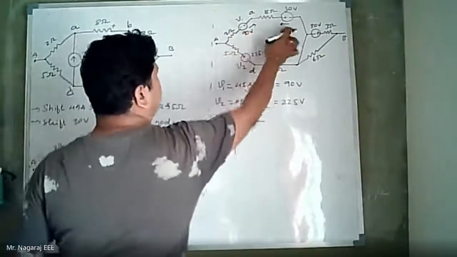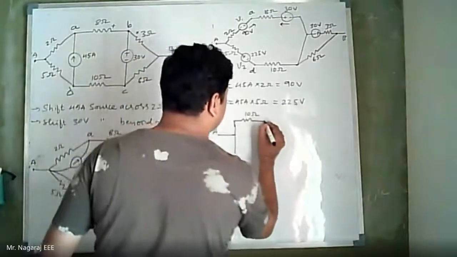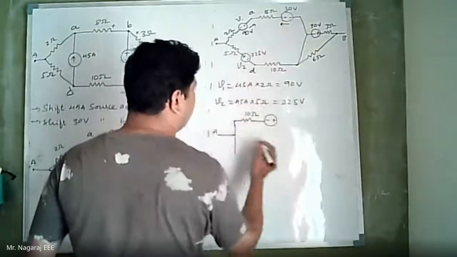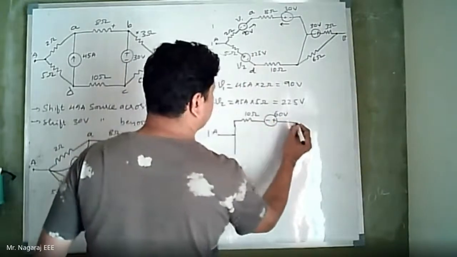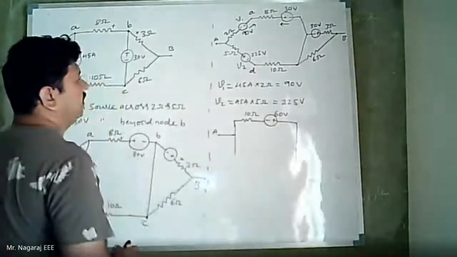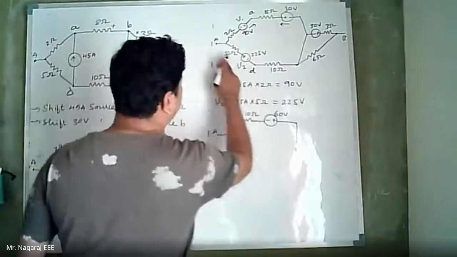Now 90 volt and 30 volts are opposing each other. So 90 minus 30, obviously higher potential will win. So the direction will be of 90 volt, and this is 60 volts. I will come at this point here, and here I have 5 ohm and 10 ohm in series.